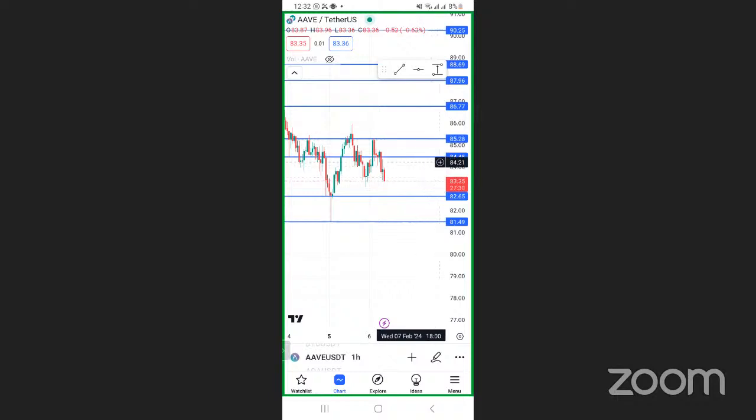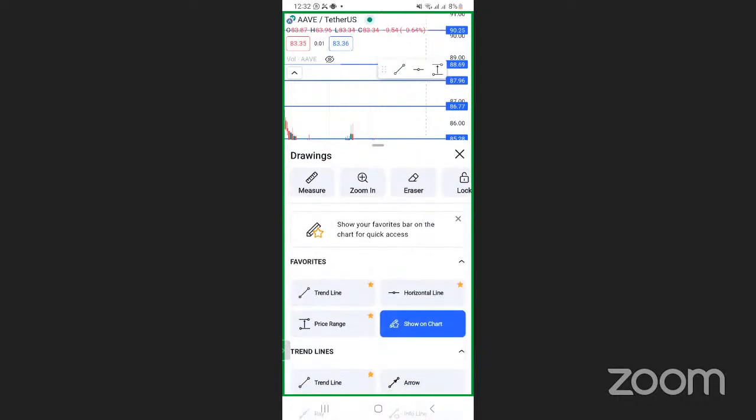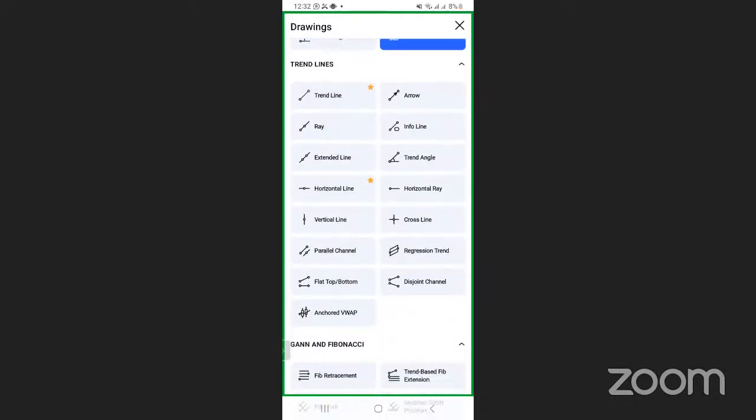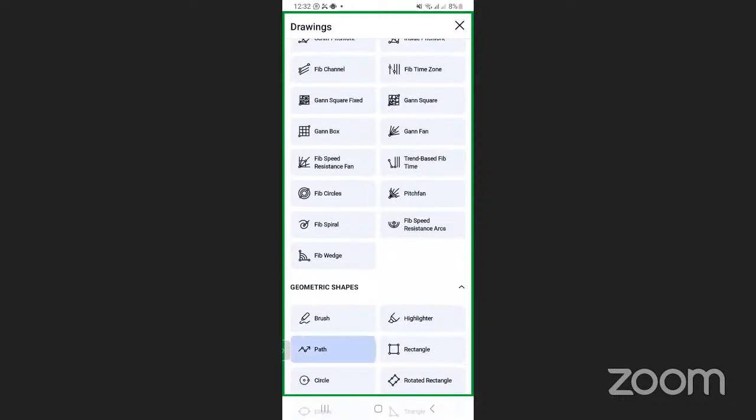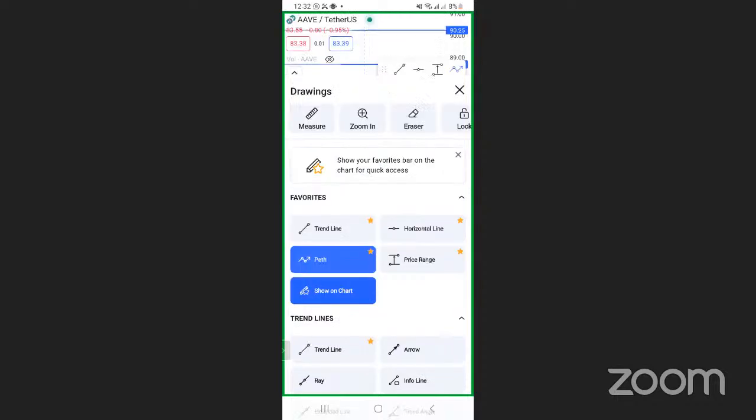You get it? That means for the price to continue going up, we must overcome this resistance. So if we want the price to go up, this is what should happen. Let me even add this coin to the favorites. What should happen?